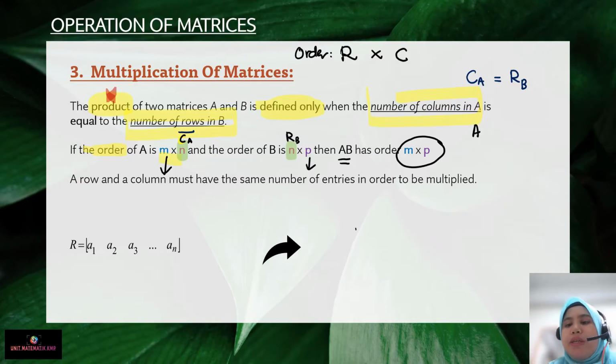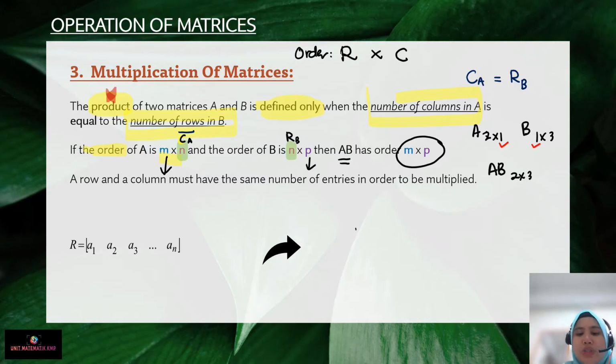You have matrix A with the order of 2 by 1, and matrix B with the order 1 by 3. You can multiply because the inner numbers are the same. So for matrix AB, the order will be 2 by 3. I got the 2 and 3 from here, so the final order will be 2 by 3.